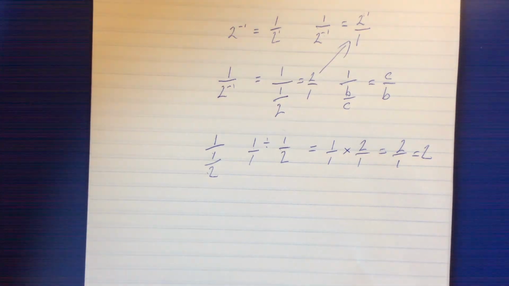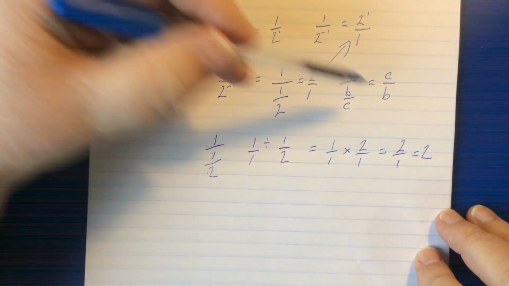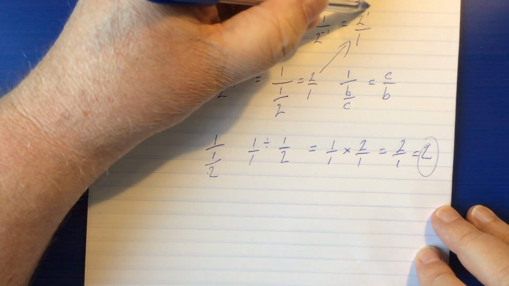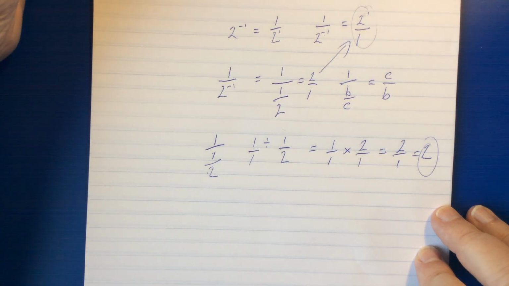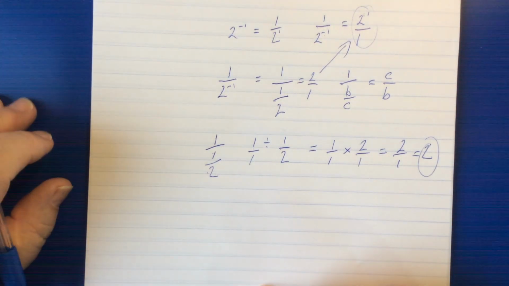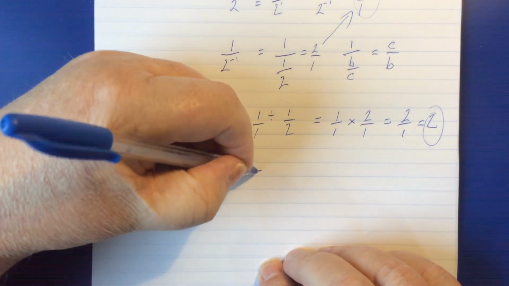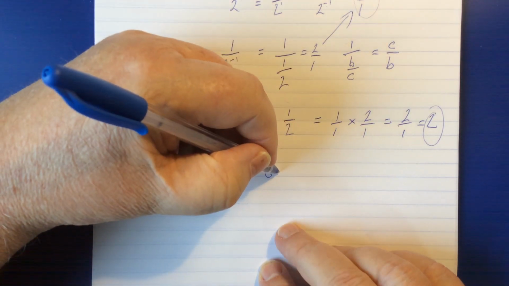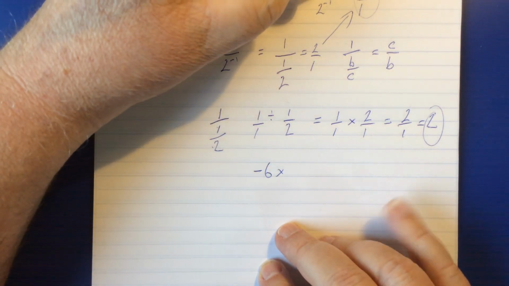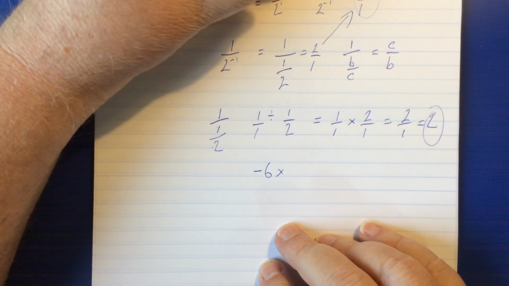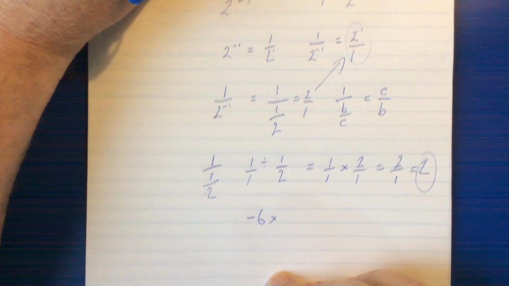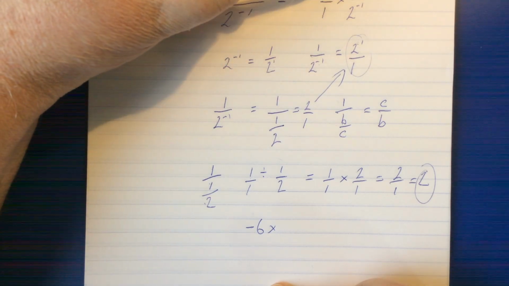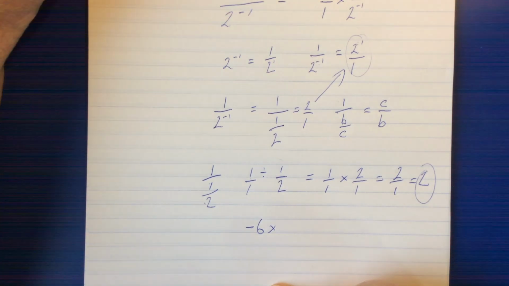So all of this has been about various ways of getting to this point, which is the same as that. So let's take that and apply it. What we have is negative 6 over 1, and 1 over 2 to the negative 1 we know is 2. And what we've done is we split up this fraction originally. Can you see that? We split up this fraction into 2 parts originally, negative 6 over 1 and 1 over 2 to the negative 1.